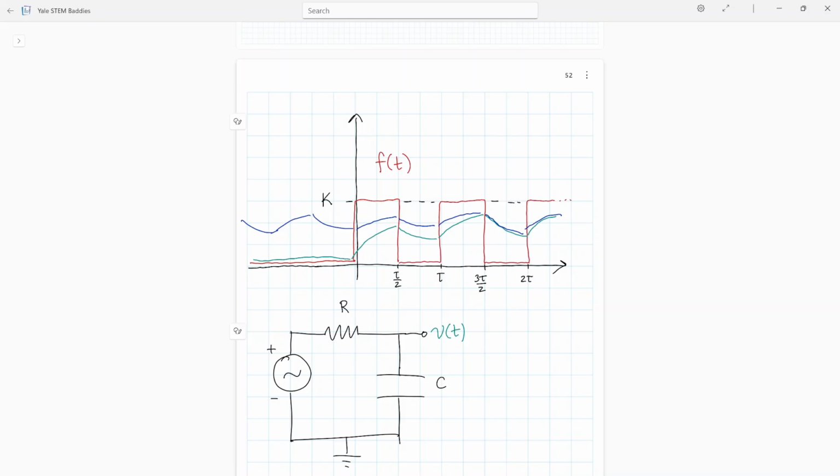So the first step is to extend our forcing function so that it is periodic. And I know you think it already looks periodic, it's this repeating square wave, but it's certainly not periodic for time less than 0. So we want to make this periodic all the way back in time as well.